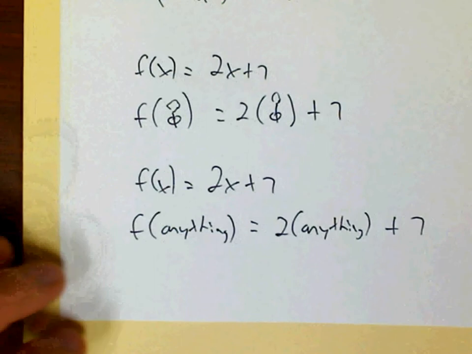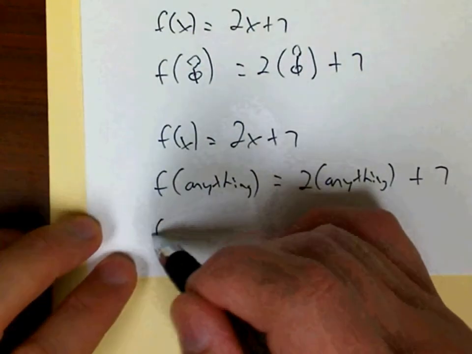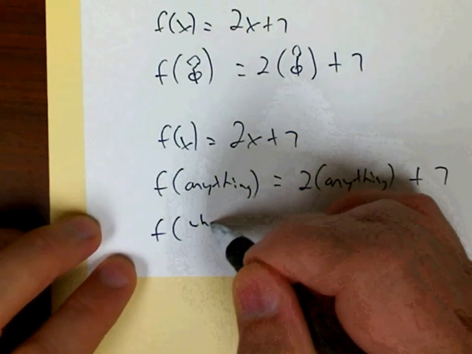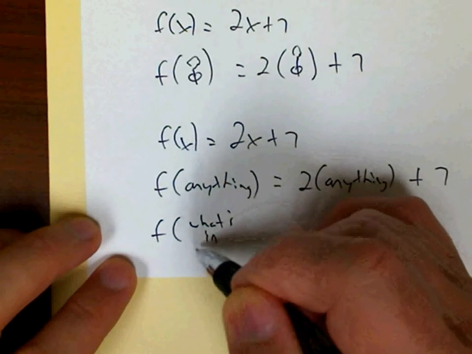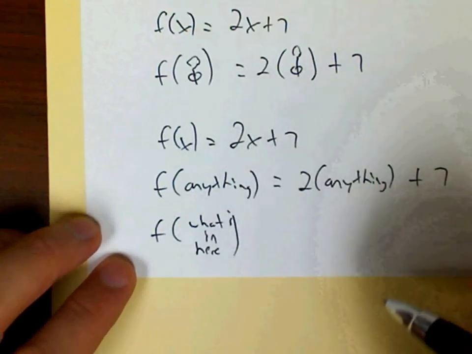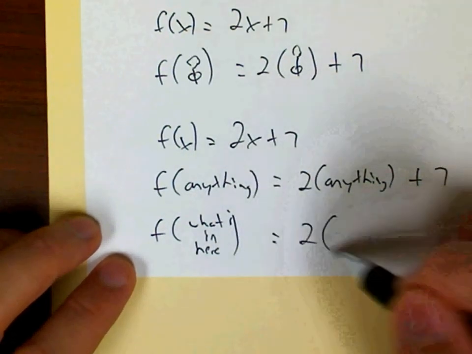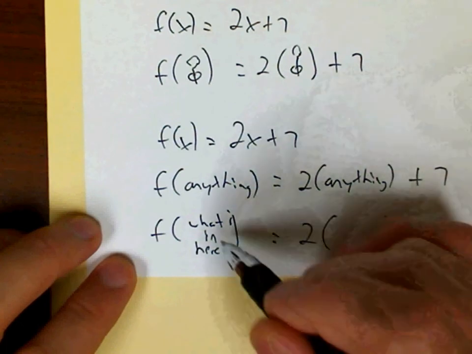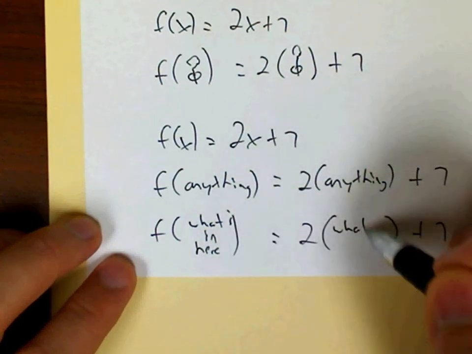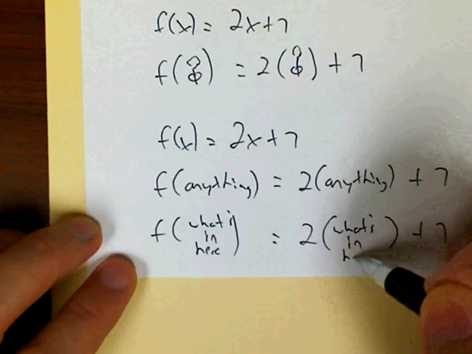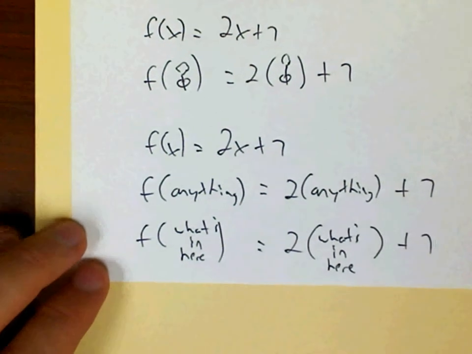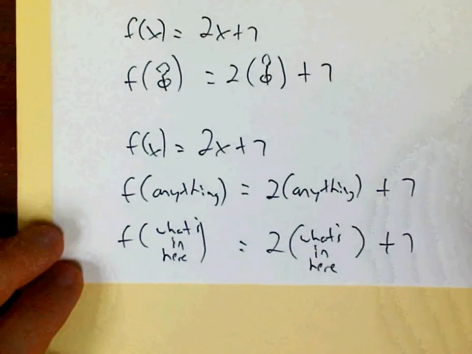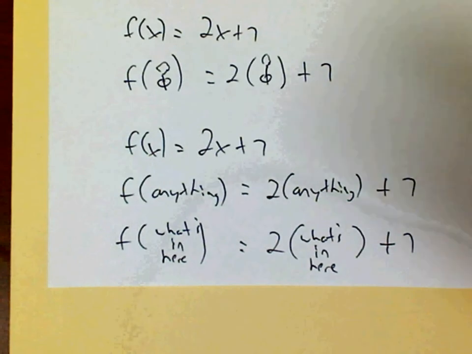Let's just do one more, just to prove a point to you. Whatever's in the parentheses, everywhere you see an x, you put what's in there. So let's just give you an idea what's going on. It's just substitution. Doesn't mean anything else, just substitute.